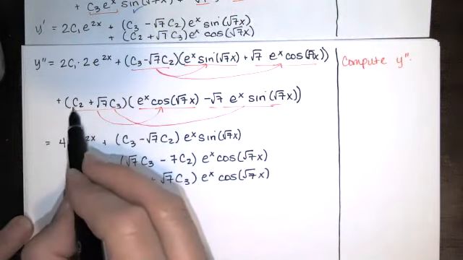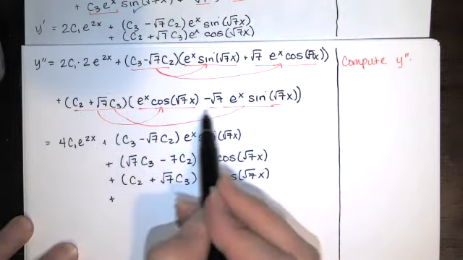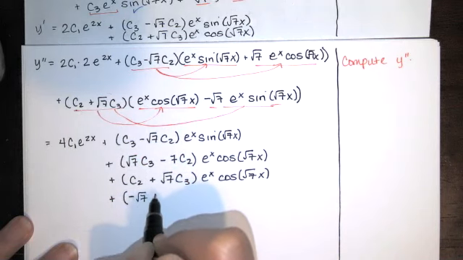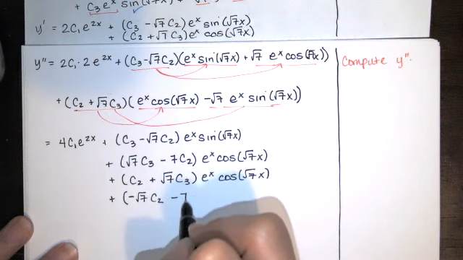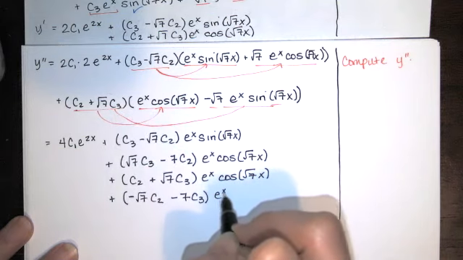And then here, we're taking this and distributing it to this. So I'm multiplying each of these expressions now by square root of 7, or negative square root of 7. So we'll have negative square root of 7 c2. The negative times a negative is going to make that a positive 7 times c3. And that's going to be an exponential times sine.